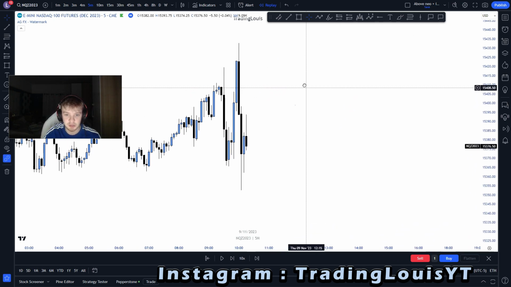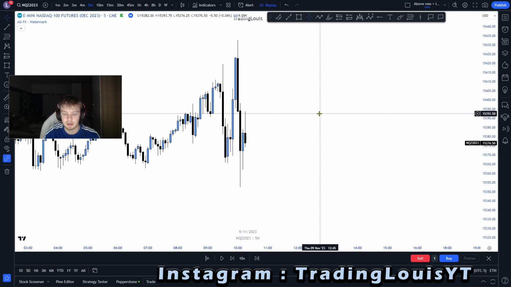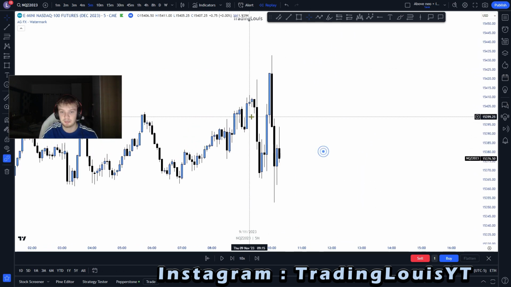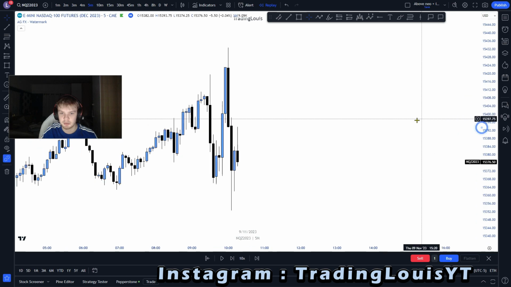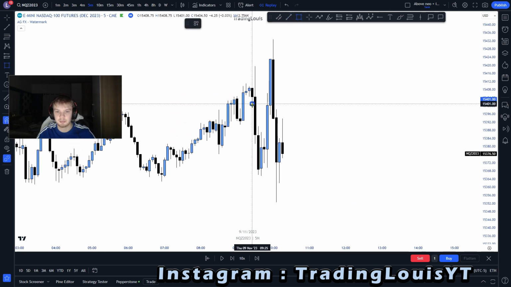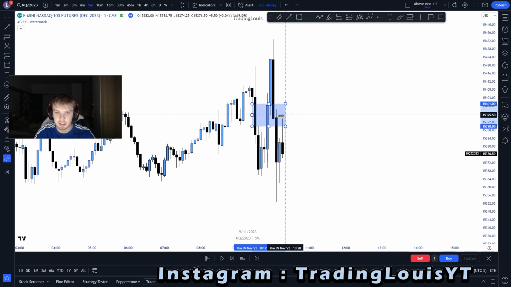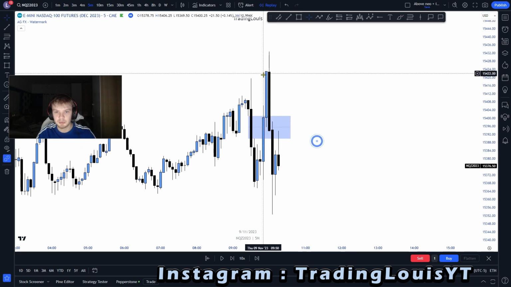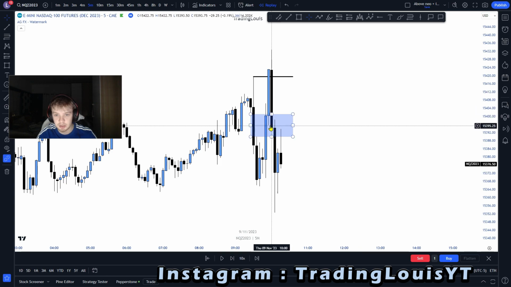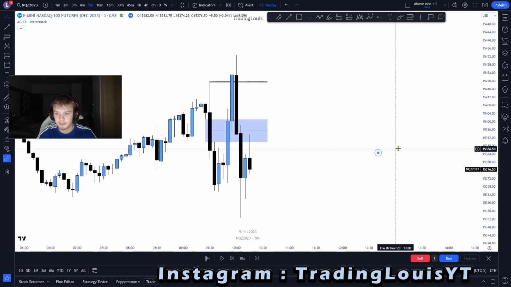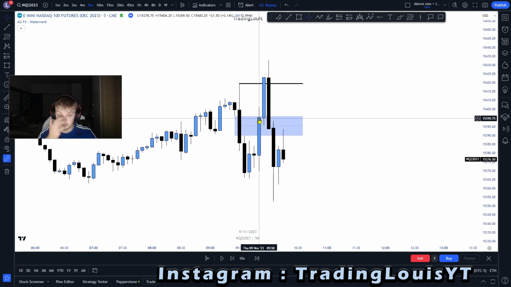As you can see here, the market has opened on this bearish candle. So what happens when we get this bearish candle? We create a bearish fair value gap, and as you can see, we would not be able to take a trade to this buy side liquidity because this candle here does not close above this inversion fair value gap.